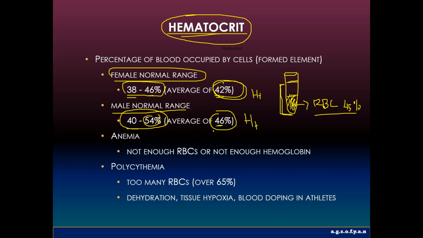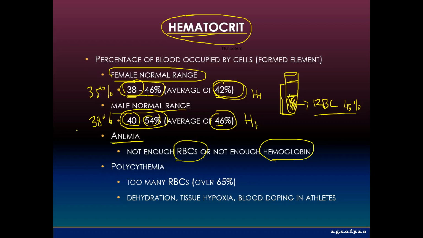If a male or female has lower than this lower number, let's say a female only has 35% hematocrit, a male only maybe 38% hematocrit, then this is an indication of anemia. So this individual has anemia, not enough red blood cells or not enough hemoglobin to carry the oxygen.